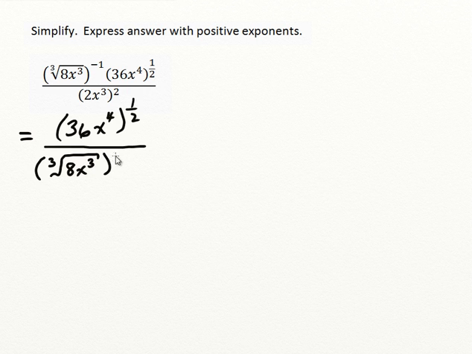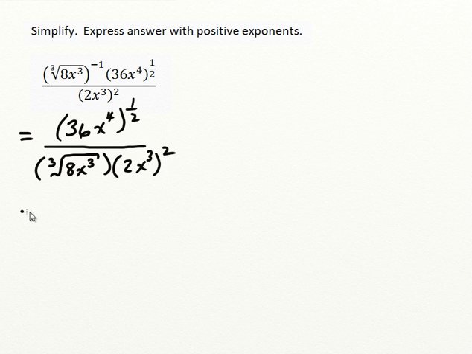I'm just not going to write the 1 because it's not needed, but that negative has now turned to positive now that we've placed it in the denominator. Following up with that, we also have down in the denominator 2x cubed, all of it squared.